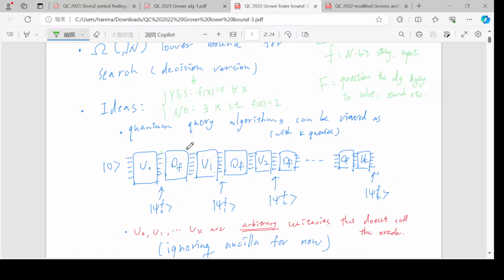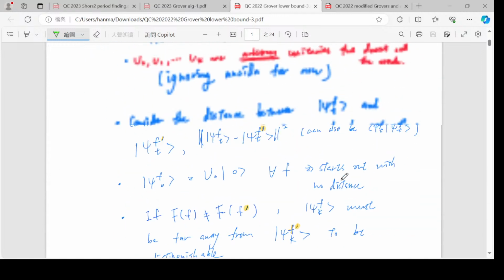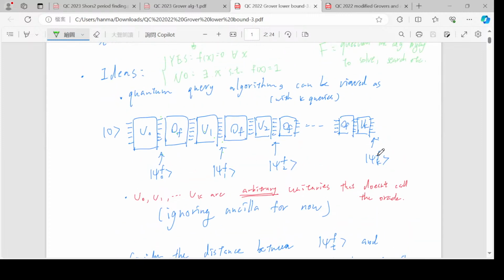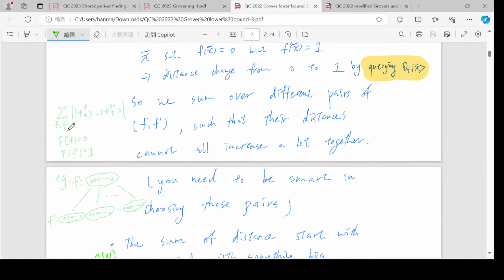And we also say in the middle, all the small f doesn't change the state too much, and so that's how we can bound it. And to make the distance thing more concrete, we define this distance measure as a sum over some pairs of f and f prime, where f is those small f in the yes case, and the f prime is the small f in the no case.